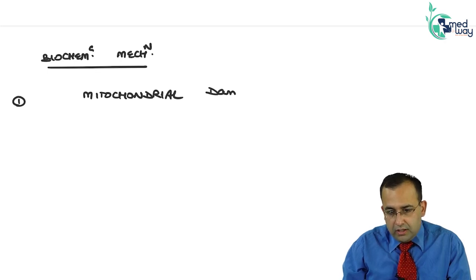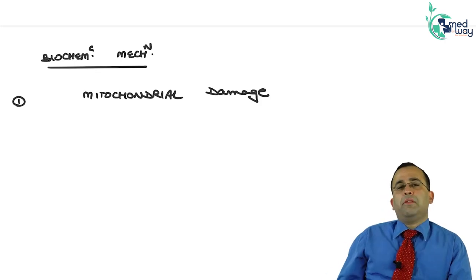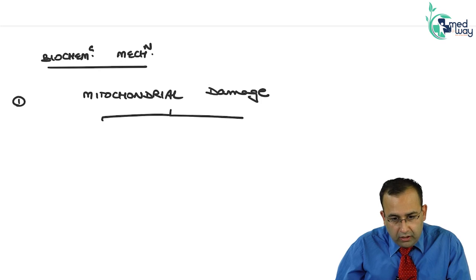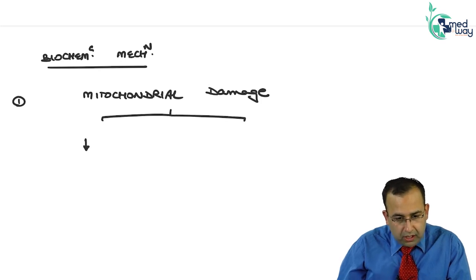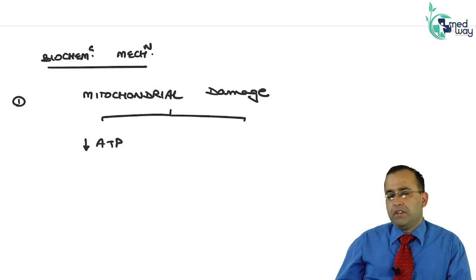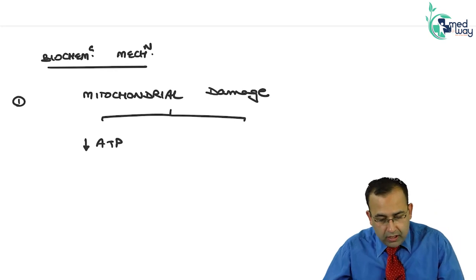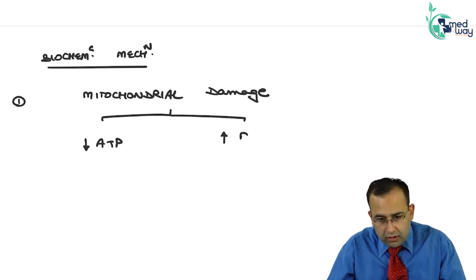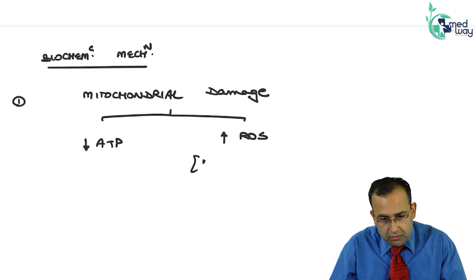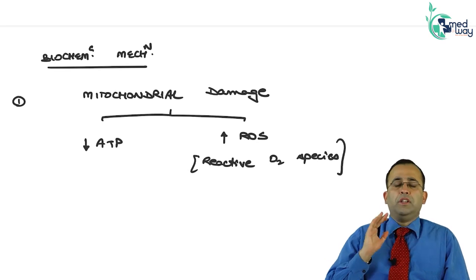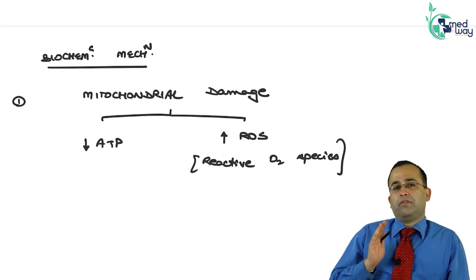Mitochondrial damage in turn leads to reduced ATP, एक तो ATP reduce हुआ, which has multiple downstream effects, and it is also associated with increased reactive oxygen species. Reduced ATP and increased free radicals or reactive oxygen species. We'll be doing this in more detail in just 2 minutes.